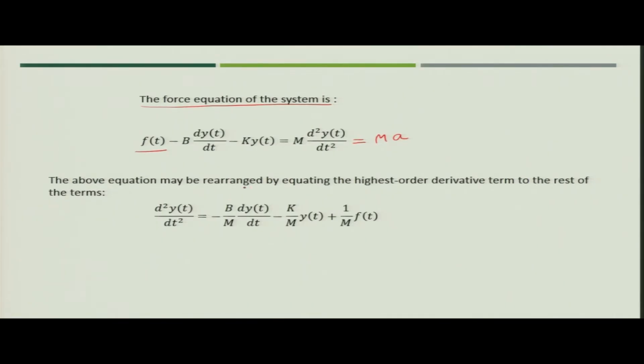Now, let us arrange the above equation by equating the highest order derivative term to the rest of the terms.